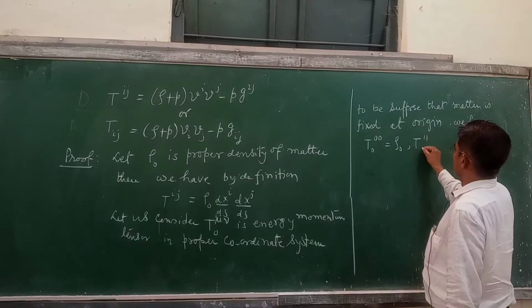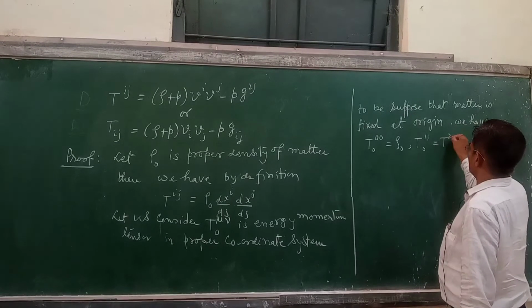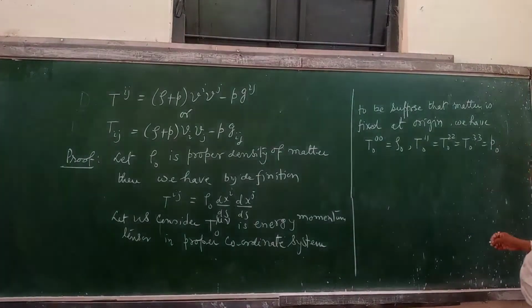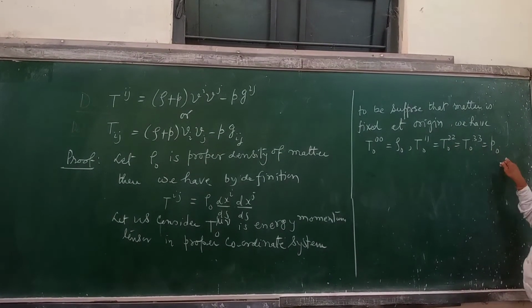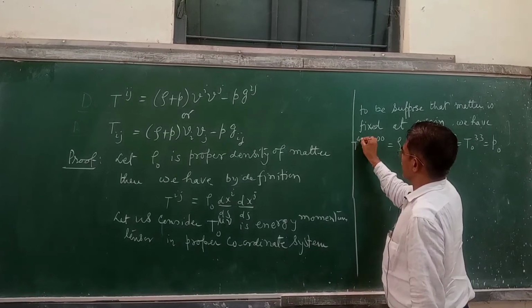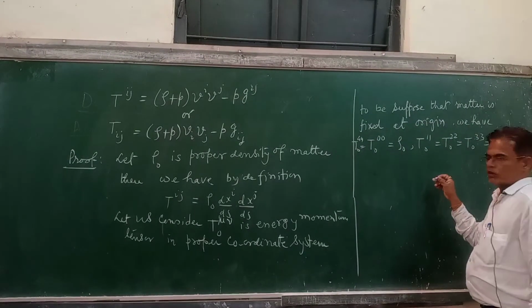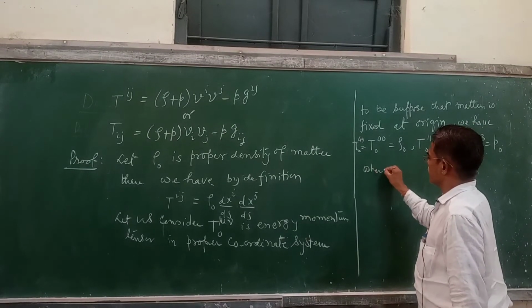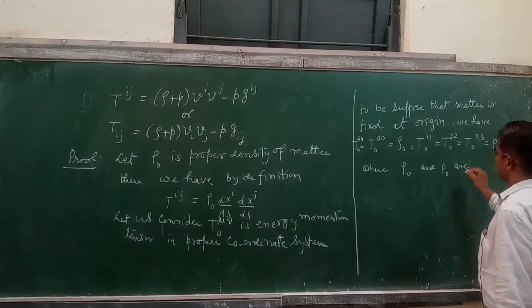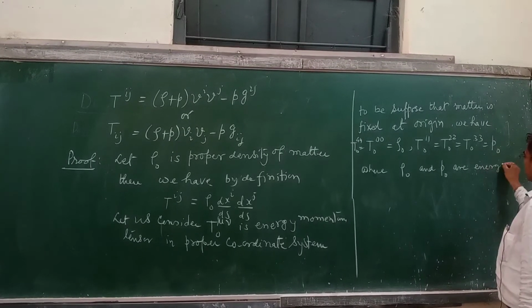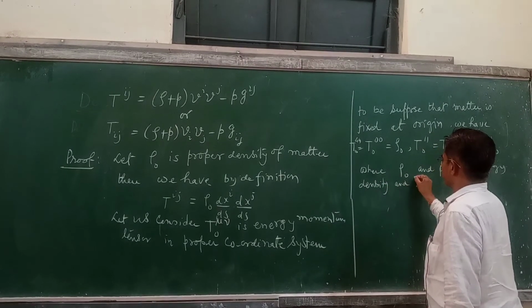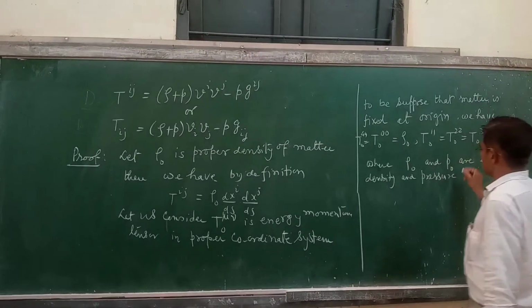T^11 0 is equal to T^22 0 equal to T^33 0 equal to P0, meaning T^11, T^22, T^33 equal to P0, and T^00 is T^44. Here rho 0 and P0 are energy density and pressure respectively.